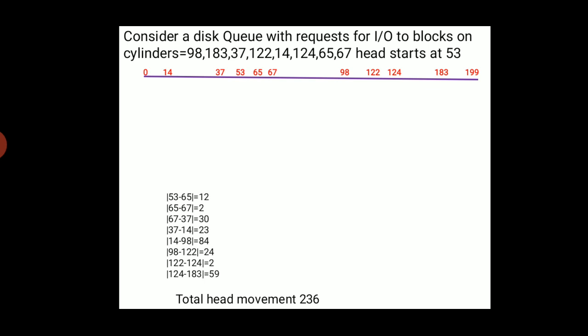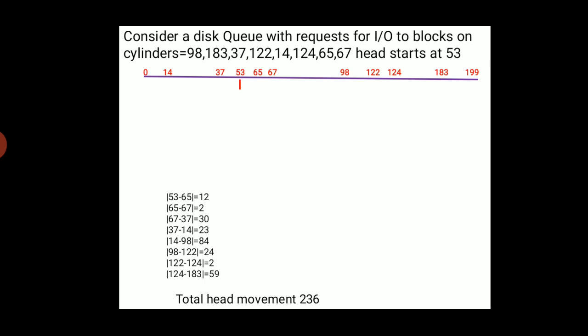According to the SSTF algorithm, from the current head position, the read-write head will move to the next track which is closer to it. In the question, the head starts at location 53, so initially the read-write head is pointing to location 53.